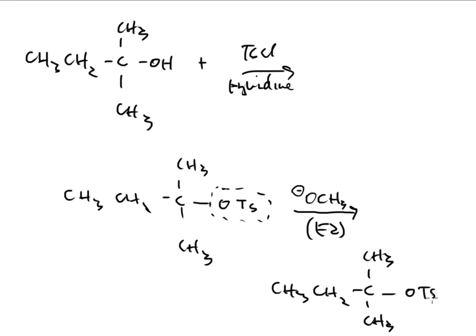Here is the OTs, that methoxide, strong base, good leaving group, ping, off it goes. And then this carbon's going to look for a neighbor to take care of it. Which one's the best choice out of the two options that it has, because these are twins? It's going to be more inward. It's going to be this neighbor. And when it takes that hydrogen off, that's where that double bond is going to form.